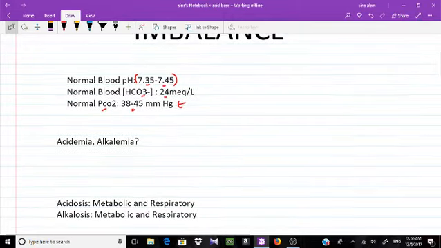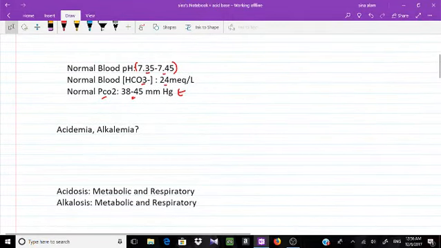Now, what is acidemia and what is alkalemia, or acidosis and alkalosis? Simply, acidemia means there is more acidity in the blood. We are very familiar with the term emia because we use anemia. Anemia means there's less blood.